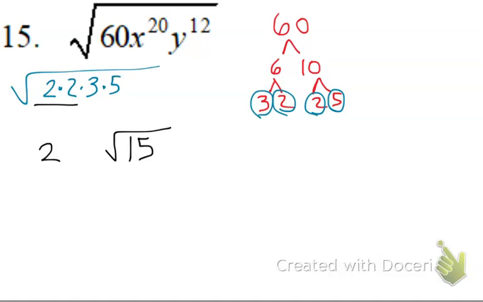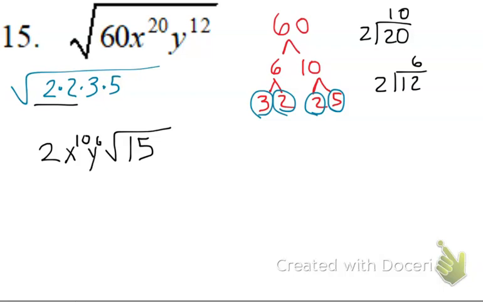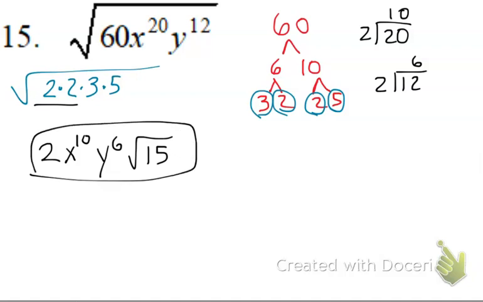Now for the variables, 2 goes into 20, 10 times, no remainder. 2 goes into 12, 6 times, no remainder. So final answer here, 2x to the 10th, y to the 6th, times square root of 15.